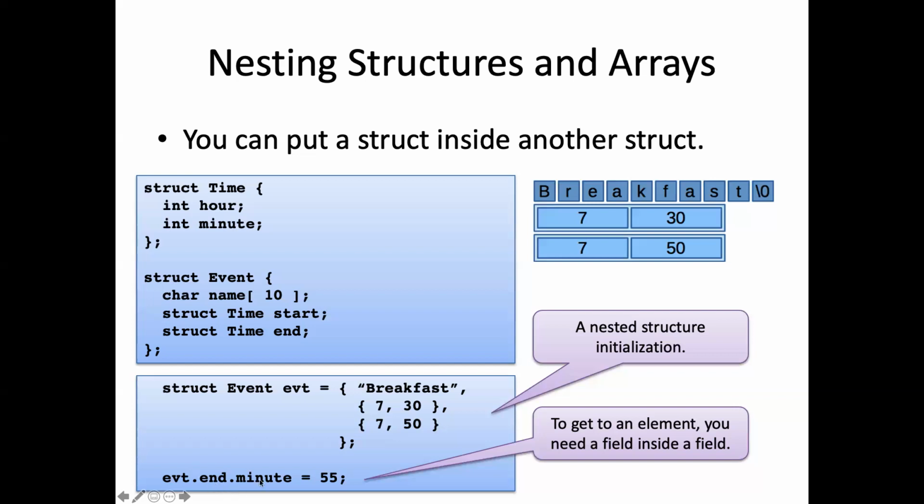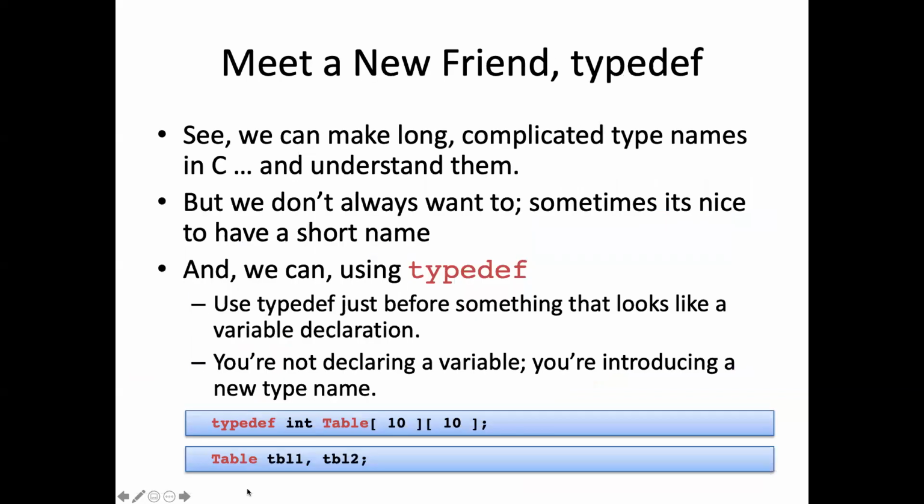If either of these were pointers, if event was a pointer to an event struct, then that would be an arrow instead of a dot. Or if these 2 guys, if start and end were pointers, then the second one would be an arrow instead of a dot.